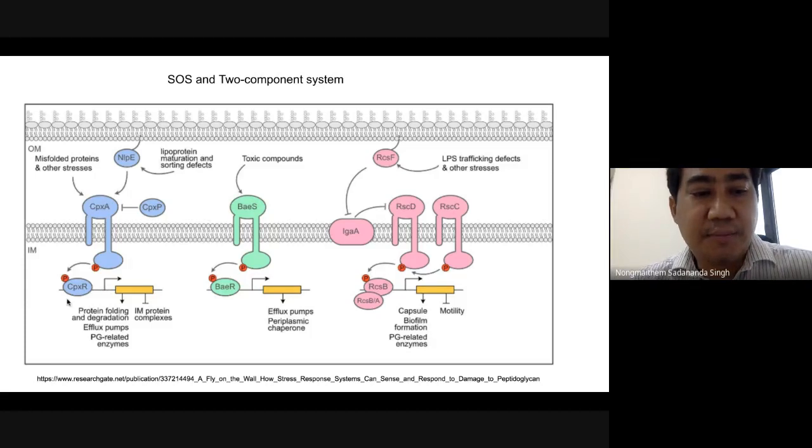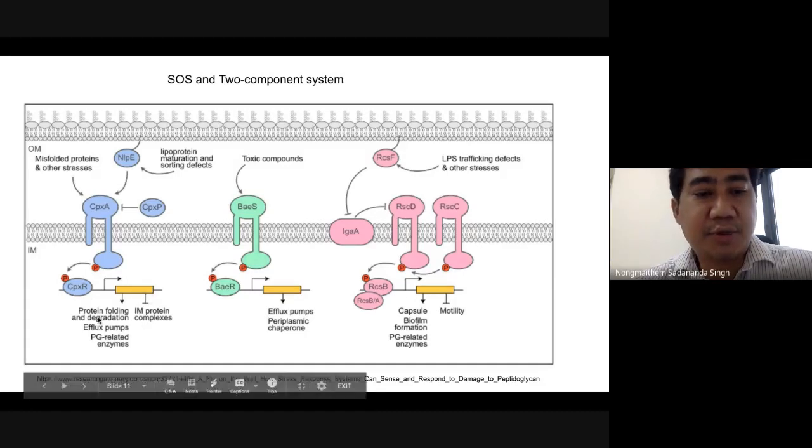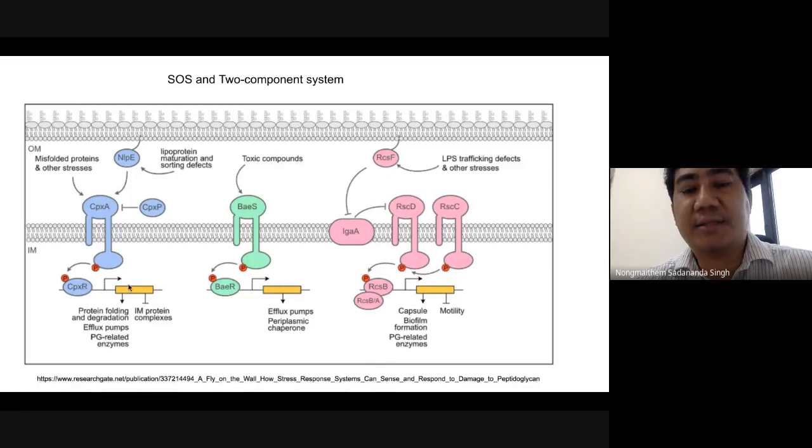So many of the SOS responses lead to the disruption of the cell wall and cell membrane, and induce the synthesis of other proteins like protein folding, degradation, and efflux pumps. All these are affected, and even the SOS response is also induced.